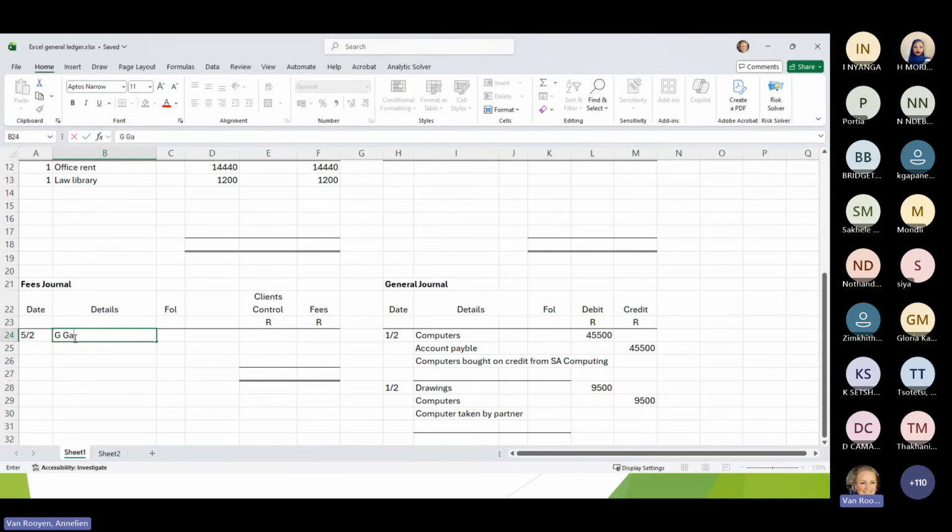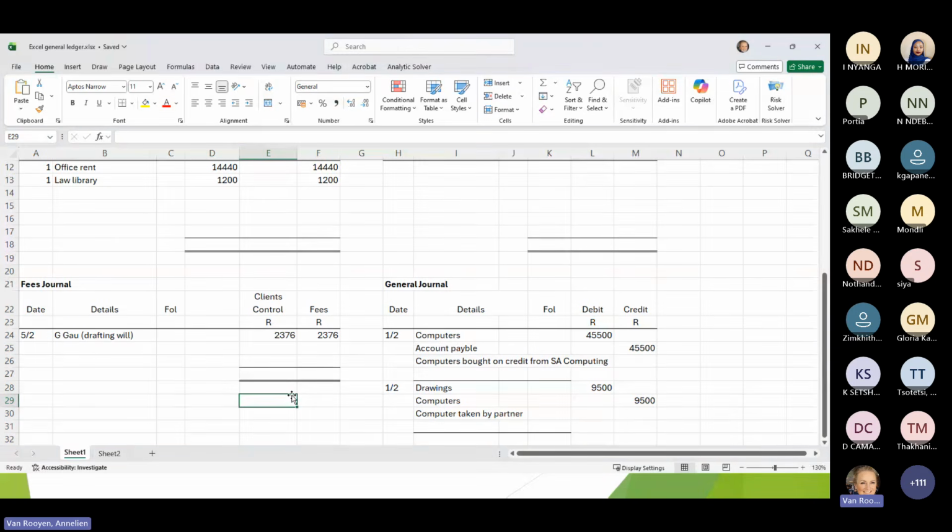And what did we do for him or her? Drafting of a will, so that we know why we invoiced him or her for this amount. And that was 2376. And it's a client, so it must be client as well. Any questions?